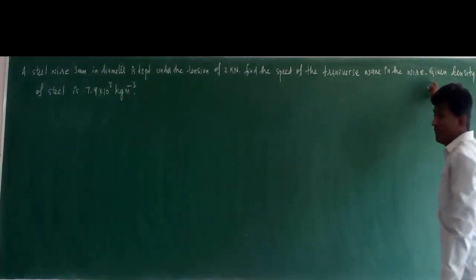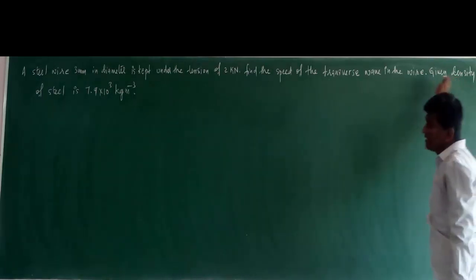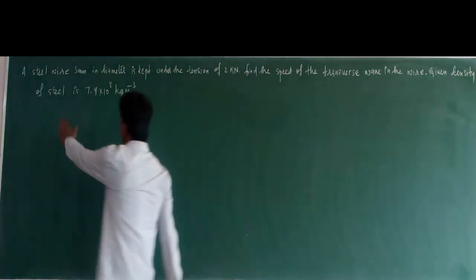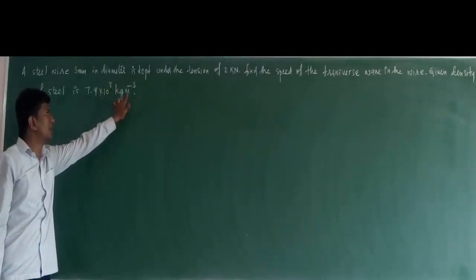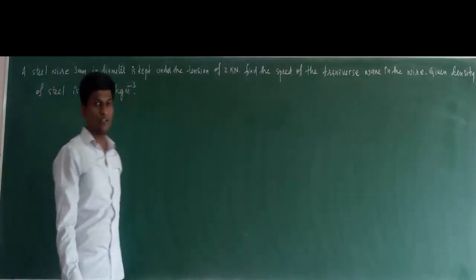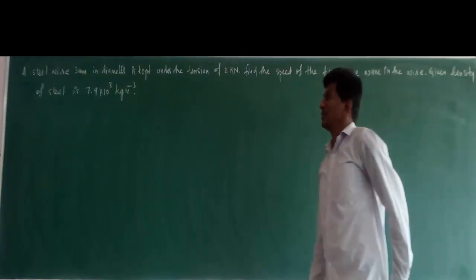It is given that the density of the steel wire is 7.9 into 10 raised to 3 kg per meter cubed. So this is the second question on the basis of the speed of transverse wave in the string. Let's solve this problem.